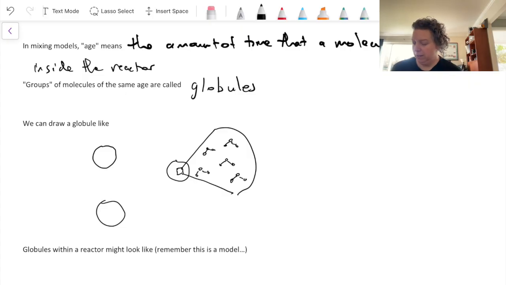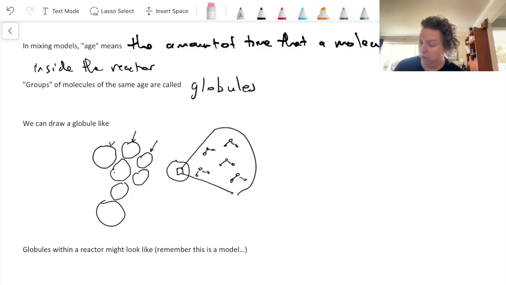I've drawn these boundaries here, so I've encapsulated them. But there is no true boundary. It's a theoretical boundary, basically saying that if I fill this in, this is a liquid phase reaction, and the liquid is filling up all the space, then I have these regions where I have molecules of some age here, molecules of some age here, and molecules of some age here.